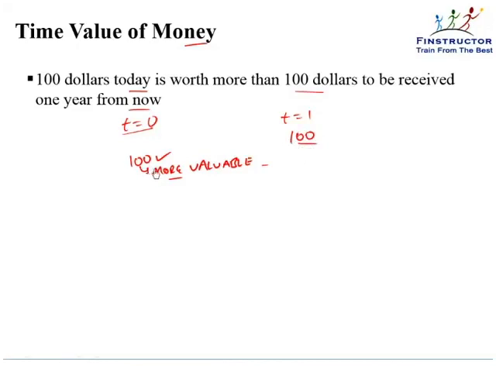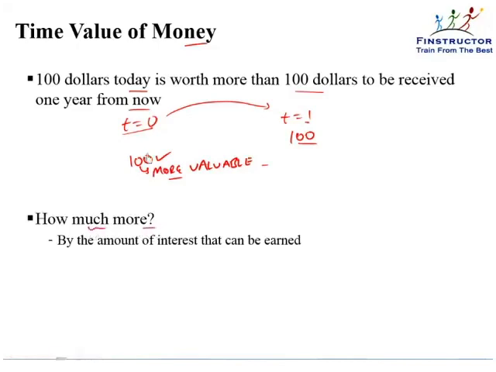The first $100 can essentially be invested over this 1 year period so as to give us a return, and hence the value of the first $100 at t equal to 1 would be higher than this $100 to the extent of the interest we have earned on the $100 received at t equal to 0. So to answer the question, how much more is the value of the first $100, the answer would simply be the amount of interest, or to the extent of the interest that can be earned on the first $100.